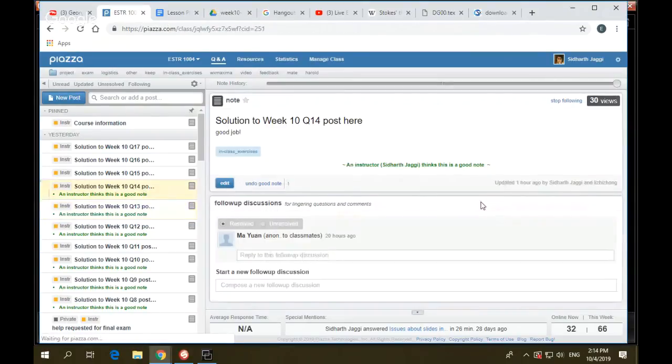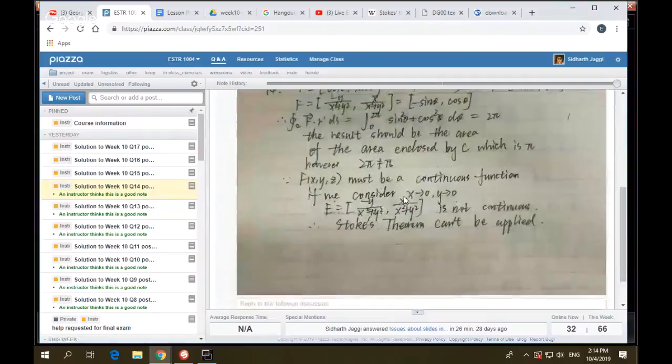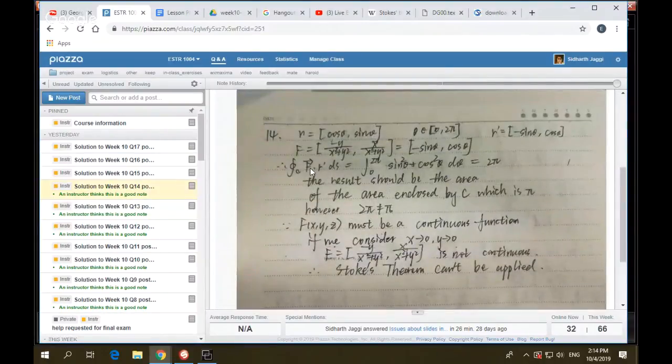So in question number 14, he did the integral. Firstly, just by doing the line integral, the closed curve integral, by taking this function f, parametrizing it in polar coordinates, and integrating f dot dr by ds along this curve, that gives you 2 pi.